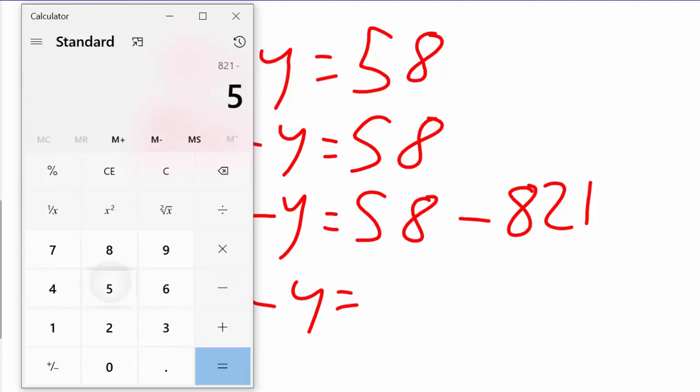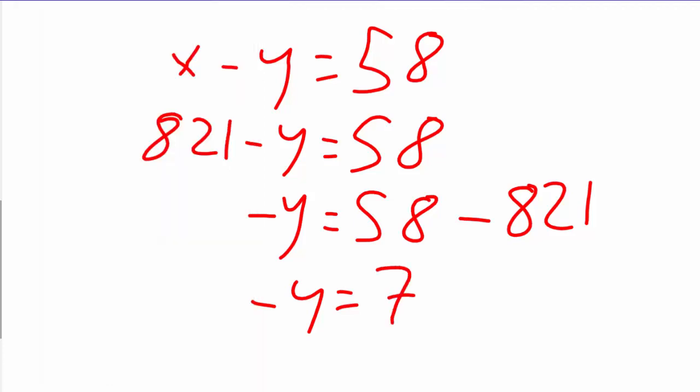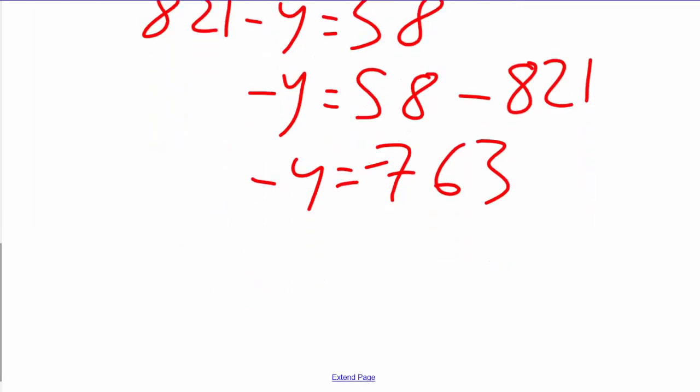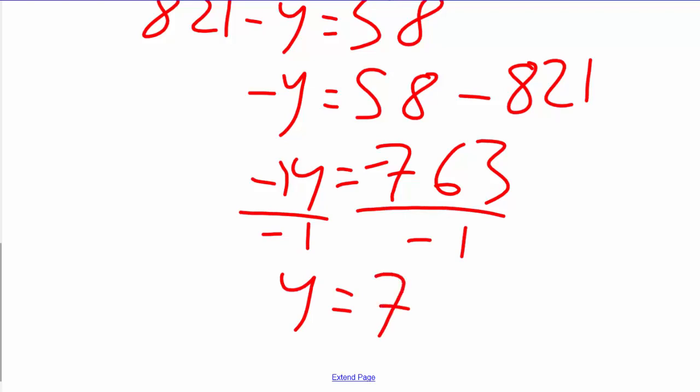I am just gonna make sure I have the negative sign. 58 minus 821 is minus 763. And this means 1, right? Divide by negative 1, divide by negative 1. y would be positive 763.